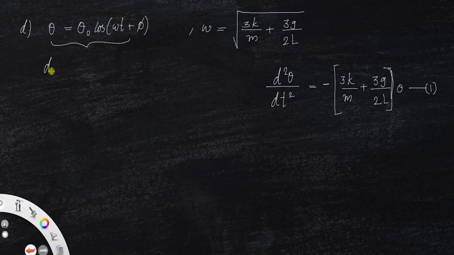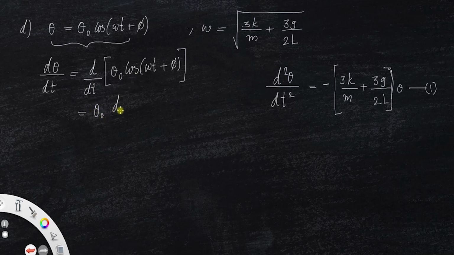First find the first derivative. dθ/dt will be d/dt of θ0 cos(ωt plus φ). This θ0 is a constant, you can take that out.